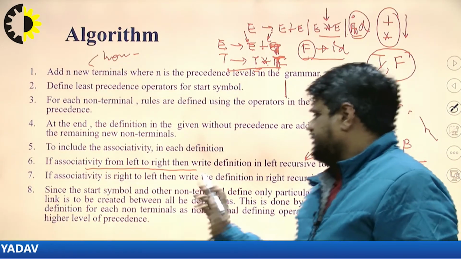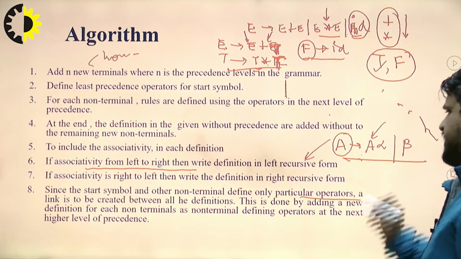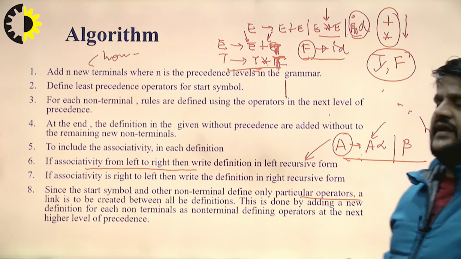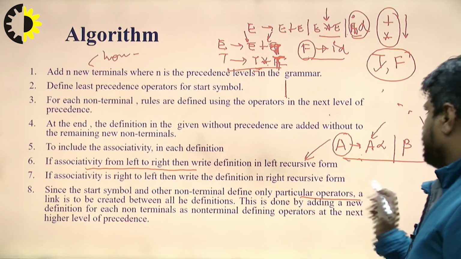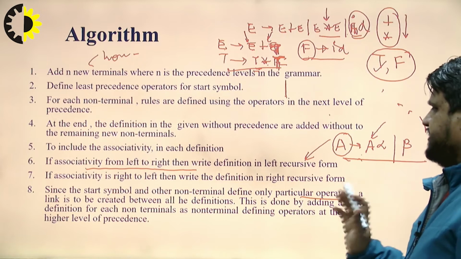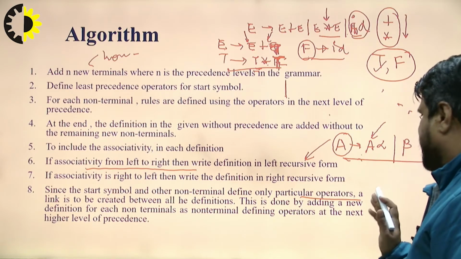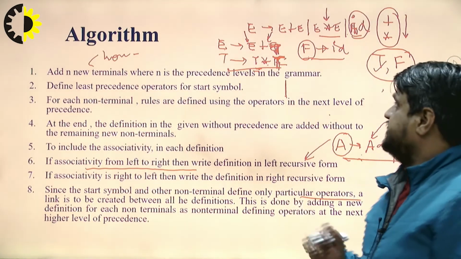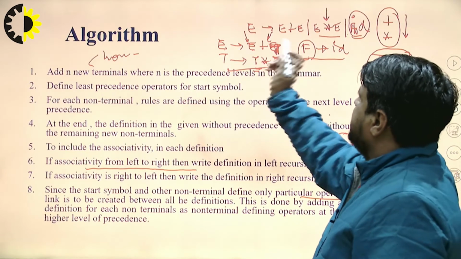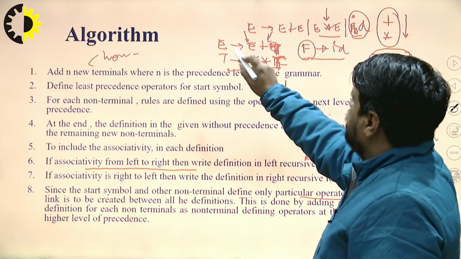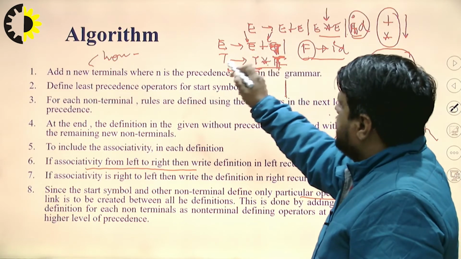Since the start symbol and other non-terminals are defined only with the particular operators, a link is to be created between all the definitions. This is done by adding a new definition for each non-terminal, as a non-terminal defining the operator at the next higher level of precedence. So you will link these definitions by assigning a new definition with the new non-terminal at that higher level of precedence.